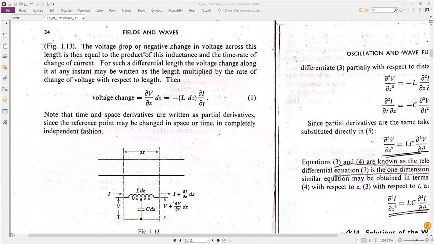The voltage drop, or negative change in voltage across the length, is equal to the product of this inductance and the time rate of change of current. The voltage change is del V by del z into dz, which is equal to minus L dz into del I by del t.